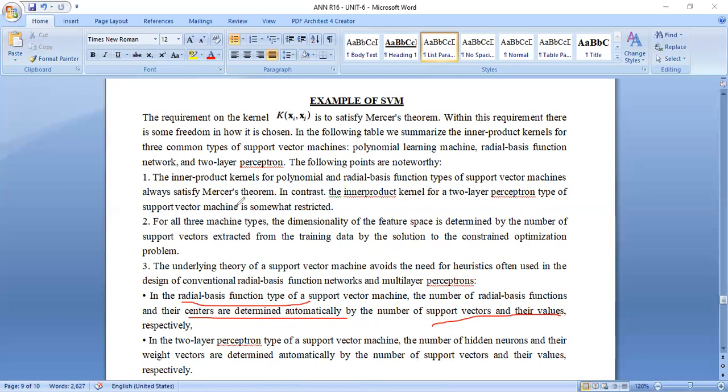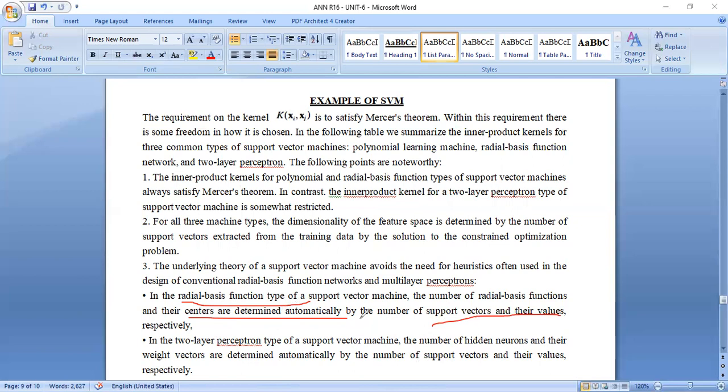This is one of the features which we have added to the conventional radial basis network, which means the old method of radial basis network. What is this new feature? The new feature is automatic generation of centroids for the RBF network based on the support vectors and their values. Okay, that is a new feature, right?